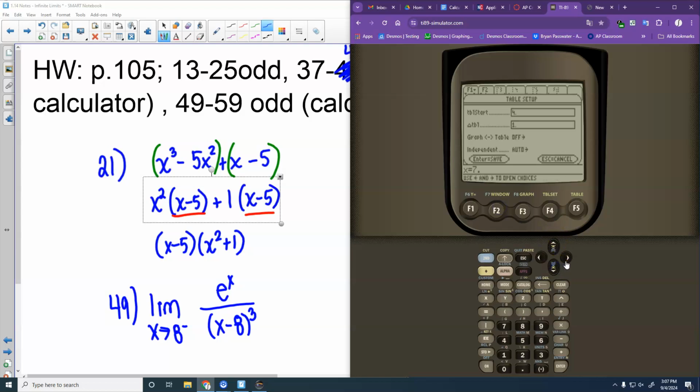I didn't hit enter to save it, did I? Enter, okay. Table. If I type in 7.5, I'll get a really small negative number, and 7.9. So you can see those numbers are getting more and more negative. So you can just do 49 through 59 in your calculator like that. So you won't have much written down for that.